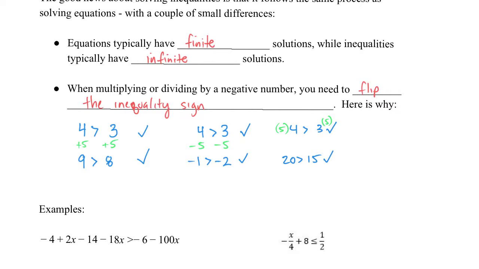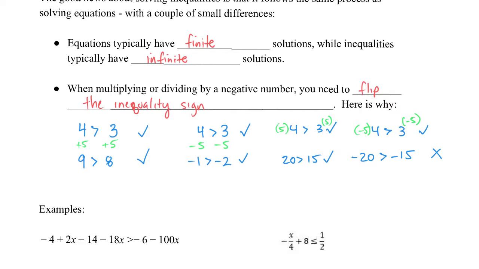Still true. Now let's multiply by a negative number. 4 is greater than 3 is true, but what if I multiply by -5? I get -20 is greater than -15. That's not true anymore. -20 is not bigger than -15.